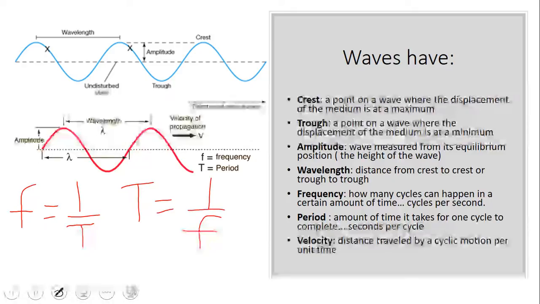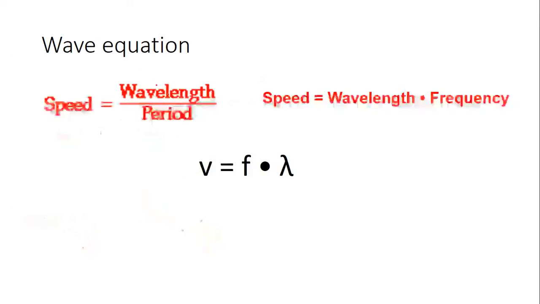And the velocity of a wave, v, is the distance traveled by a cyclic motion per unit time. And the formula for velocity or speed can be derived as wavelength over period.